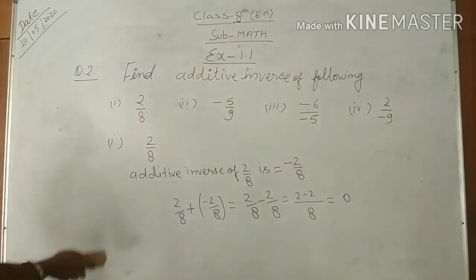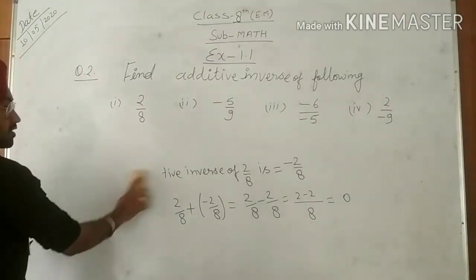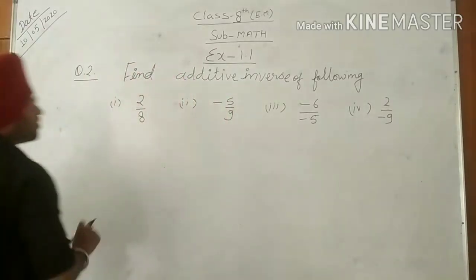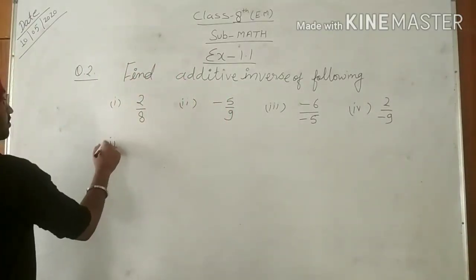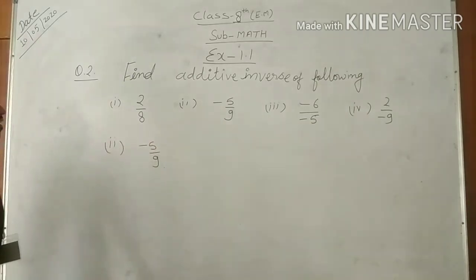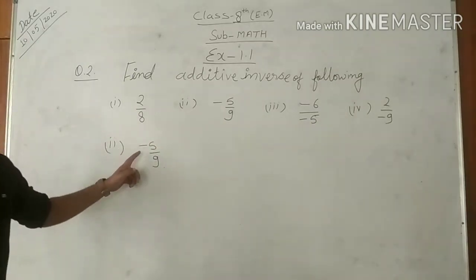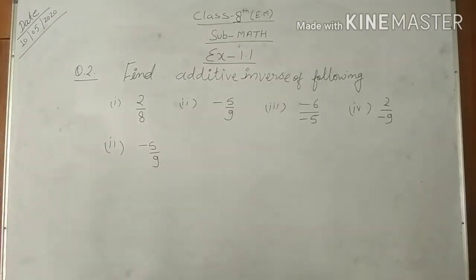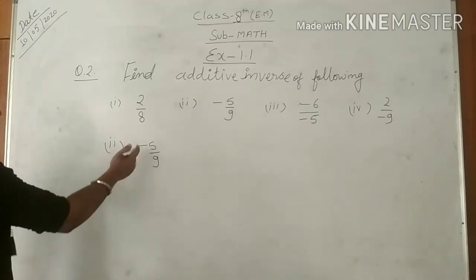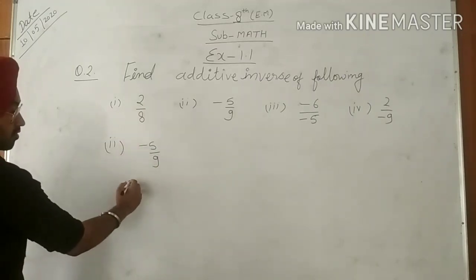Next we take another example to understand what is additive inverse. Here another example is minus 5 upon 9. We want to find the additive inverse, so we take the opposite sign of this number.